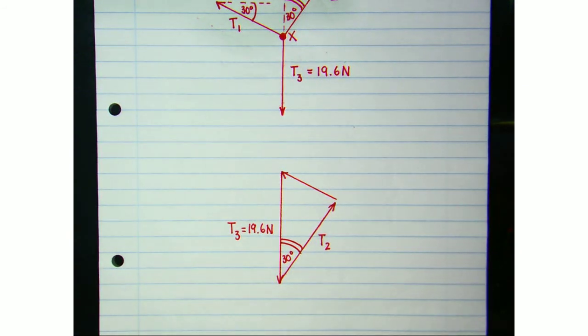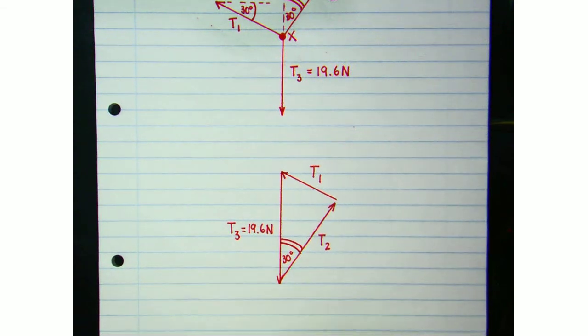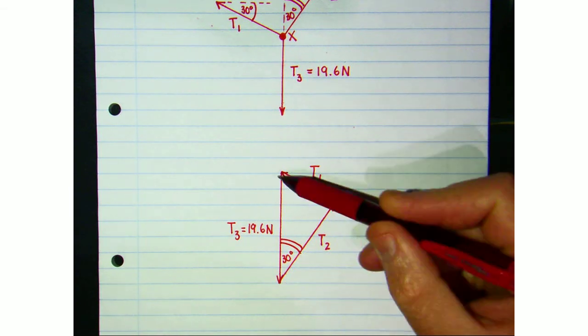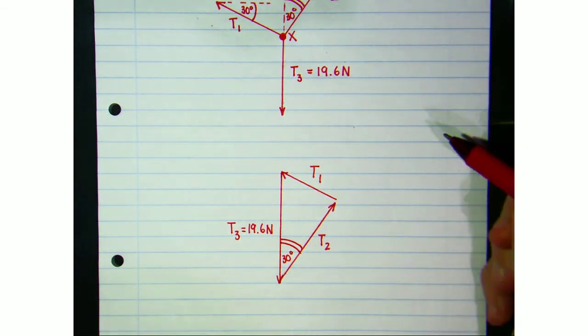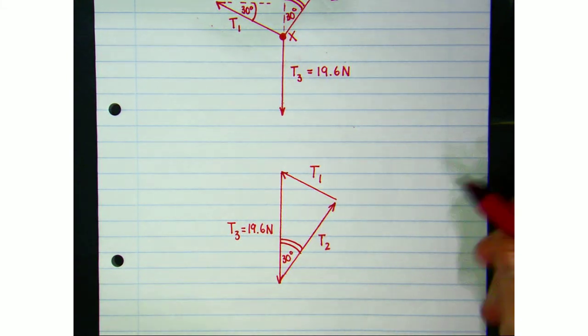This diagram is not to scale. I'm simply trying to keep the directions constant, and I'm just labeling what I have in terms of angles and magnitudes. Let's consider a different order.